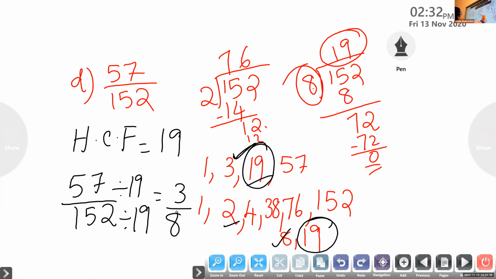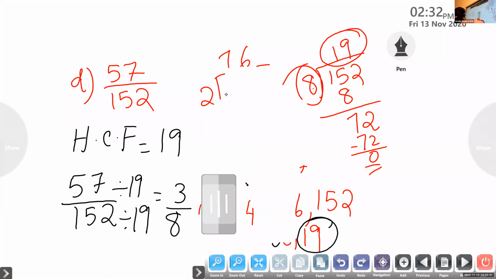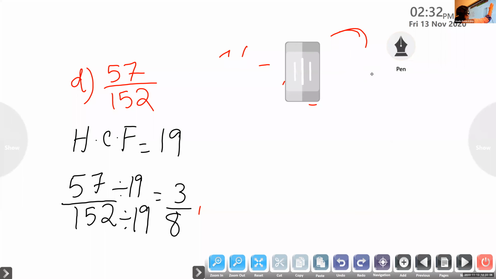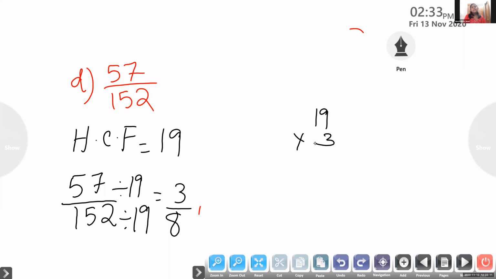So if you have any doubt, children, multiply this 3 by 8 and check whether you are getting this fraction 57 by 152. Check 19 into 3, 3 into 9, 27, 2 is carry over, 3 into 1, 3 plus 2, 5.